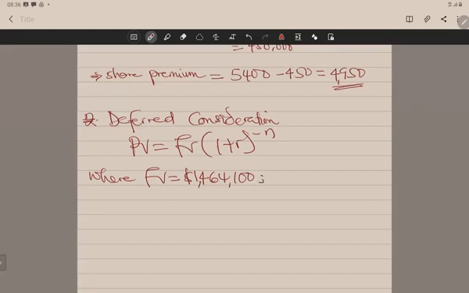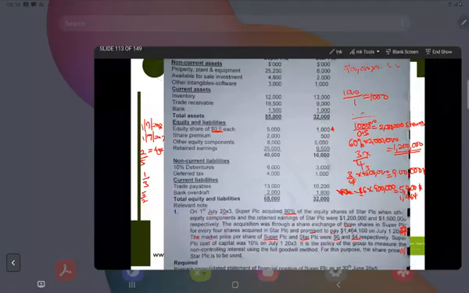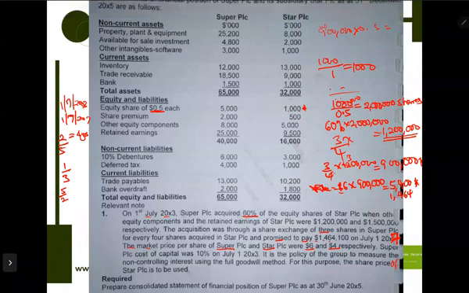What is your rate? We were given the cost of capital of the parent company. Super PLC cost of capital was what? 10%. Cost of capital is the rate of return investors are expecting on their investment.